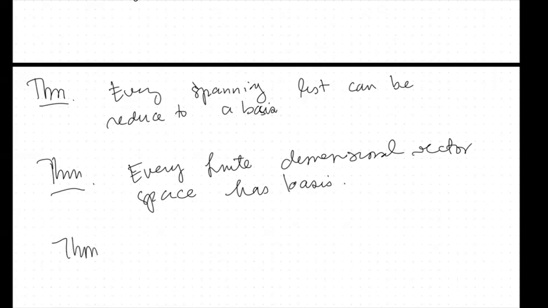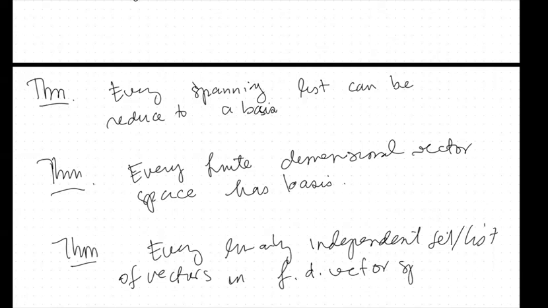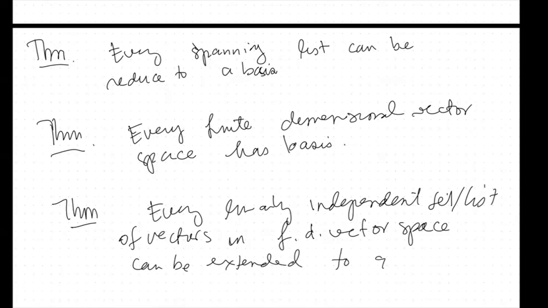The theorem says that every linearly independent set or list of vectors in a finite dimensional vector space can be extended to a basis. So how do you show that?